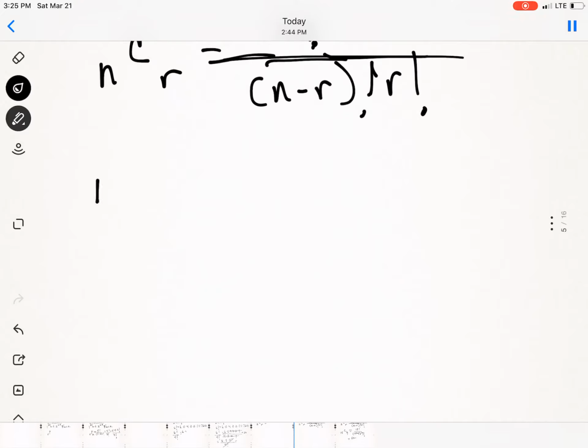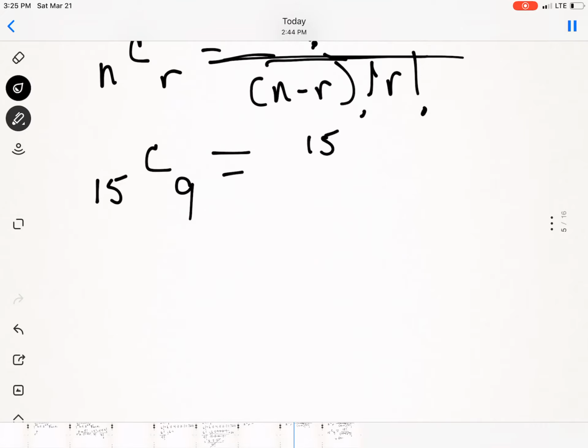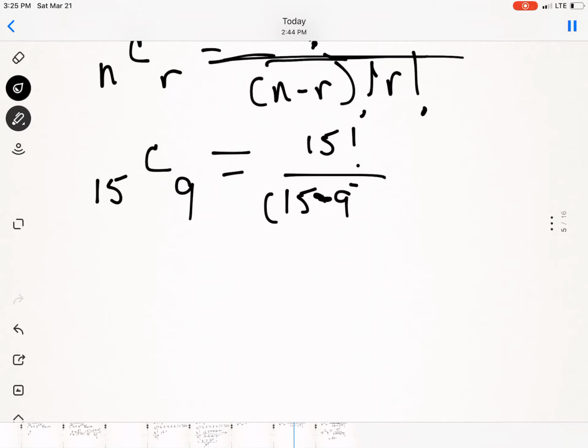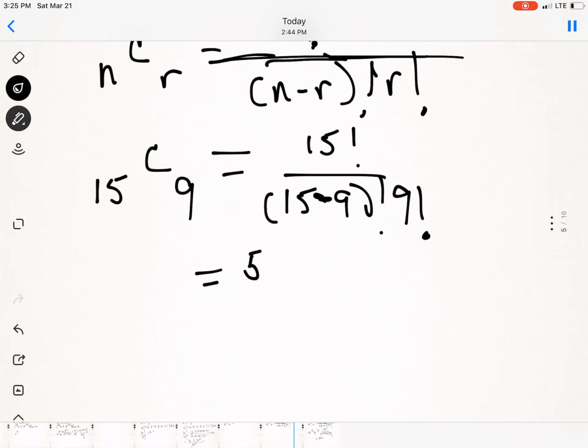So we have 15 and 9 right here equals, so we still have our n, which is 15 factorial over 15 minus 9 factorial times 9 factorial. Now, this kind of problem, you are going to have to use your calculator to do this. We end up with 5,005.